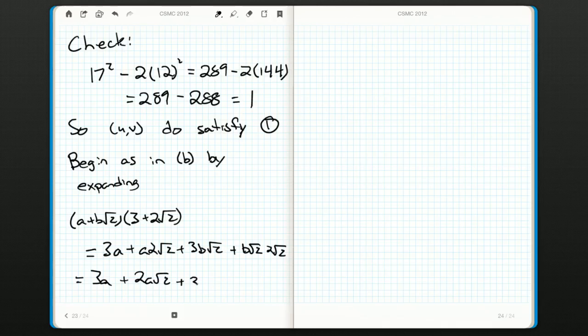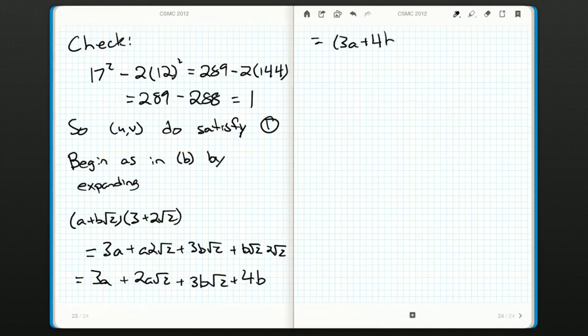We're just changing it so the one constant is in front. And then 2 times b, that's 2b. And then root 2 times root 2, that's 2. So that's going to be 4b. Three a plus 4b, and then we have 2a plus 3b root 2. Okay, so c and d, we now have expressions for those guys.